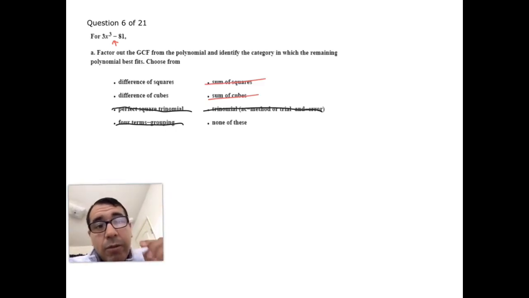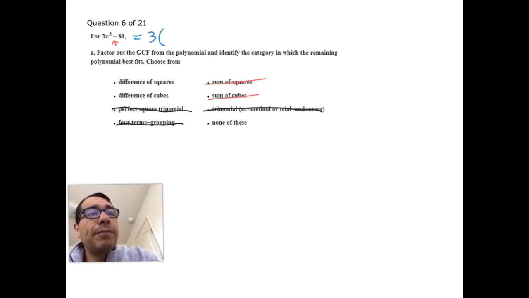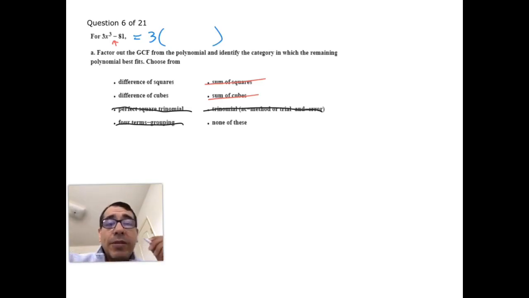Let's always start with that first step, greatest common factor. So let's go ahead and factor out this greatest common factor, which is a 3. So when we divide both those by 3, we're left with x cubed. Notice I have something cubed. So right away I'm thinking it's a difference because subtraction.